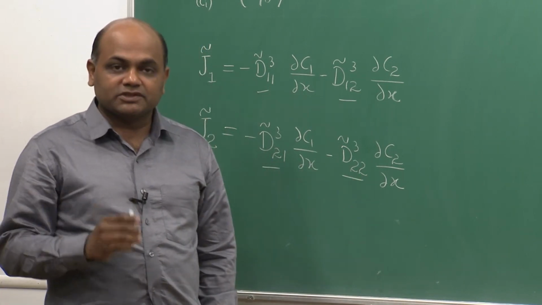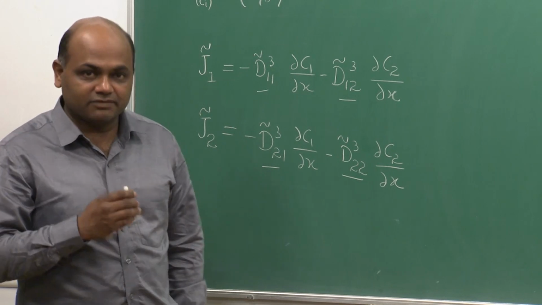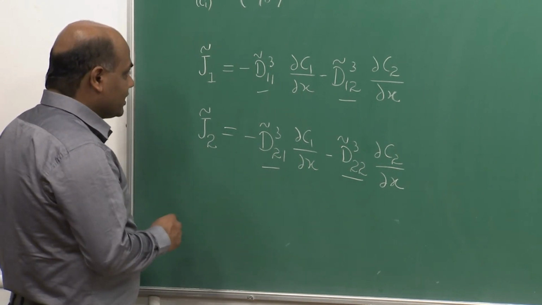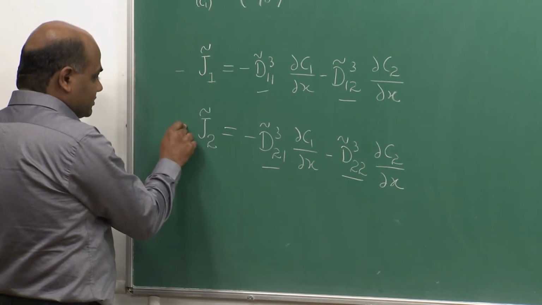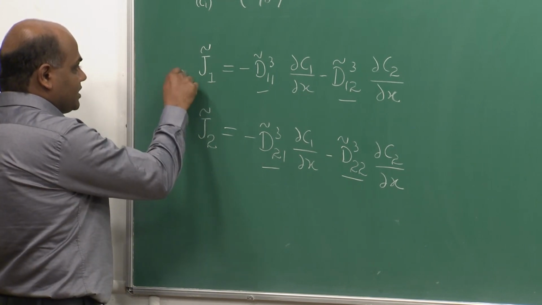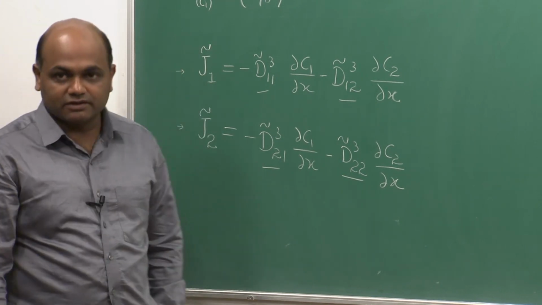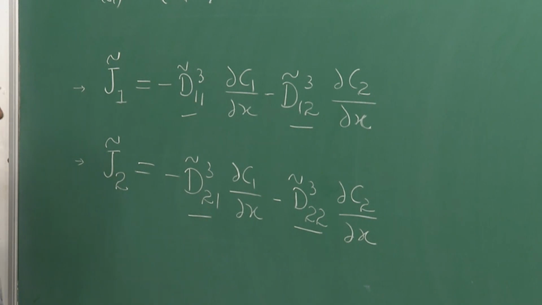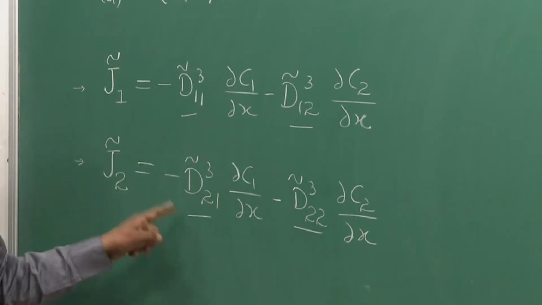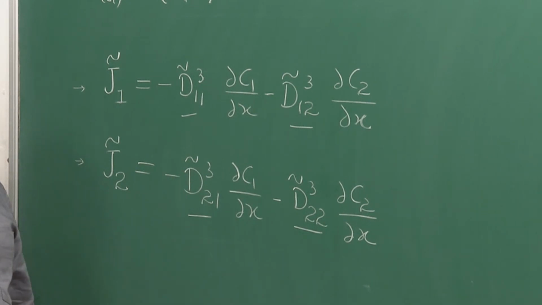So, at any composition plane of a single diffusion couple, we can get only 2 equations, one for J1 tilde, the other for J2 tilde. And so, we cannot evaluate the entire set of interdiffusion coefficients with a single diffusion couple.